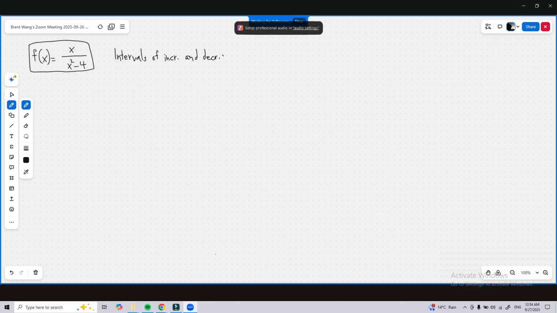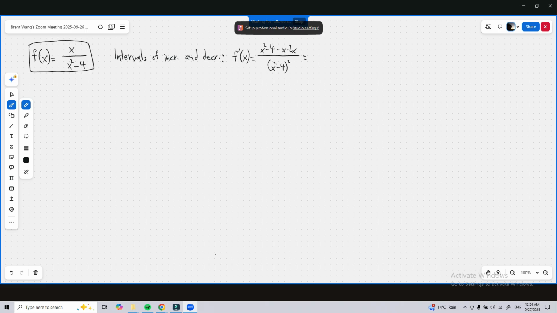Alright, number 5. Intervals of increase and decrease. We need to find the first derivative. F prime of x is equal to, let's use the quotient rule here, x squared minus 4 minus x times 2x over x squared minus 4 squared.